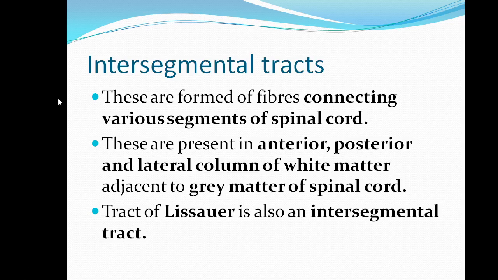Then coming to the intersegmental tracts, these are formed of fibers connecting various segments of the spinal cord. These are present in the anterior, posterior, and lateral columns of the white matter, adjacent to the gray matter of the spinal cord. The tract of Lissauer is also an intersegmental tract.